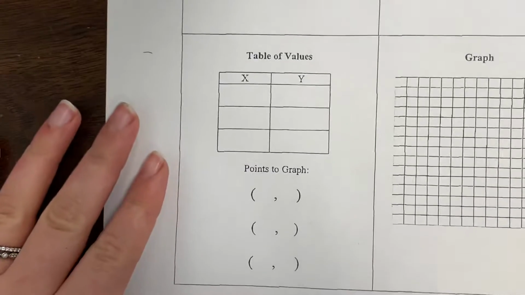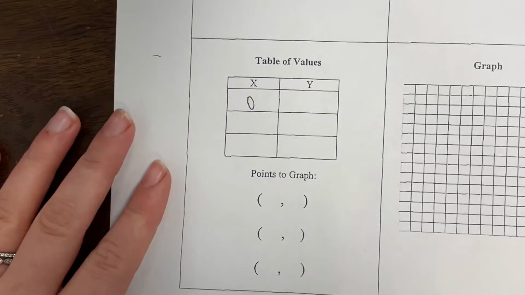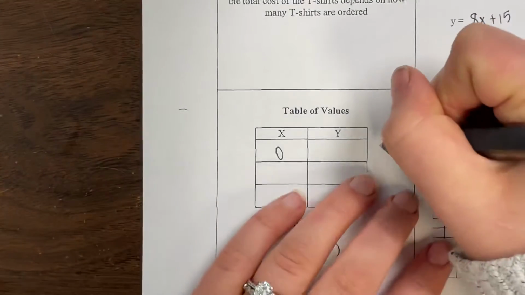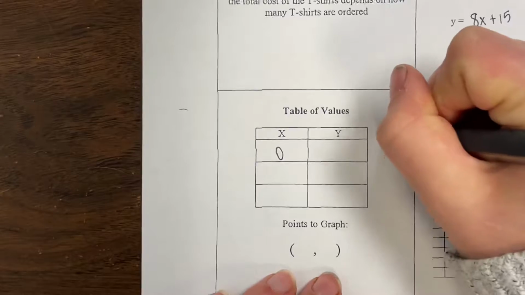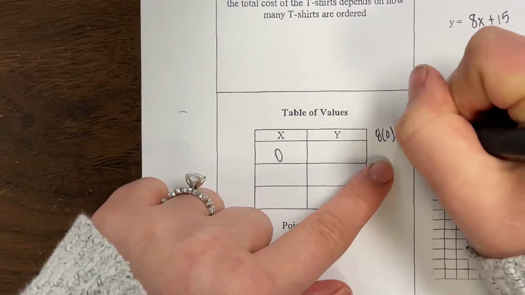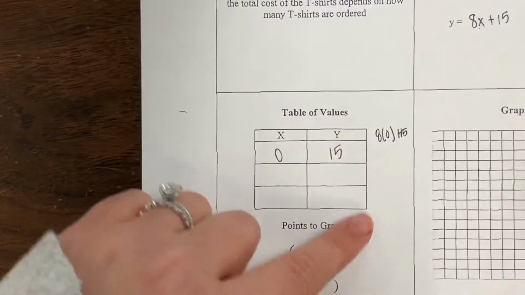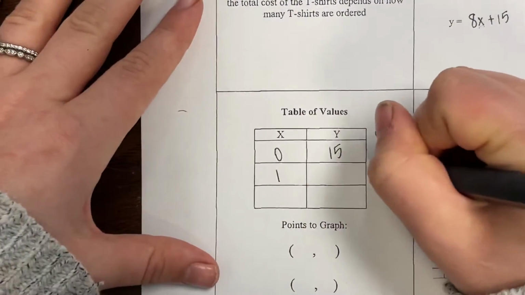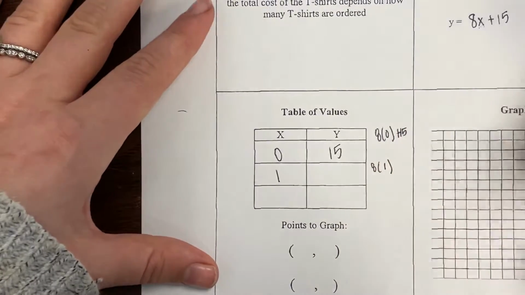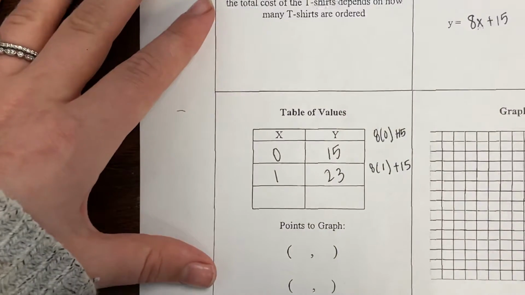Okay, down here we can do our table of values. Always start with x being 0. When we buy 0 shirts, you can even just show the math here. We have 8x, which is now 0, plus 15. Well, that's just going to be 15. What if we bought 1 shirt? 8 times 1 plus 15, that'll be $23.